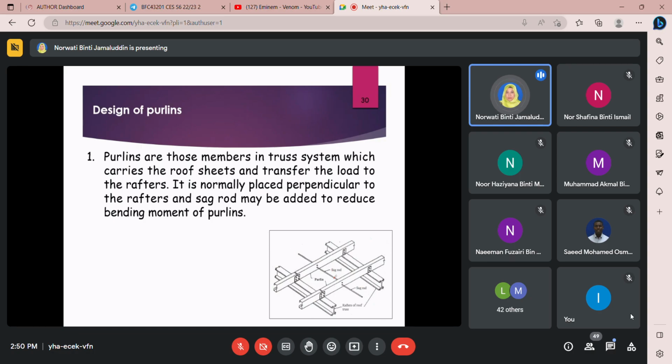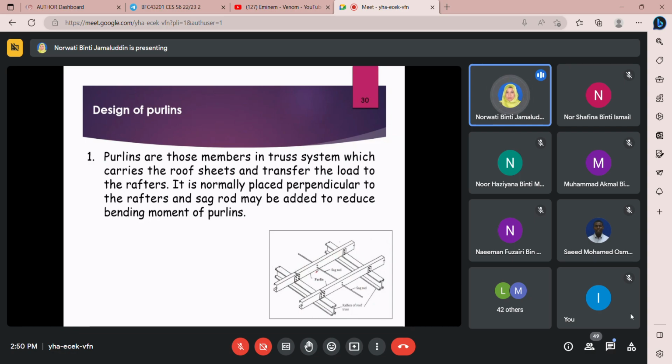Why do we need a sag rod? If your purlin is small and it needs to run from one truss to another truss over a longer span, remember, this is a bending member. It is a bending member, the purlin.